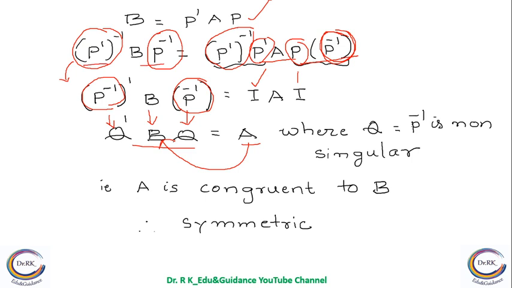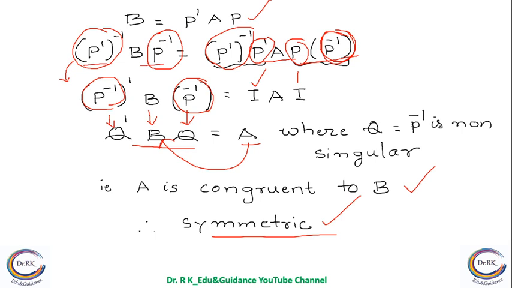That is what we have been discussing: B equals P transpose AP, then B is congruent to A. Similarly, A is said to be congruent to B. So we took B congruent to A and proved that A is congruent to B, so the symmetric property holds for congruence of matrices.